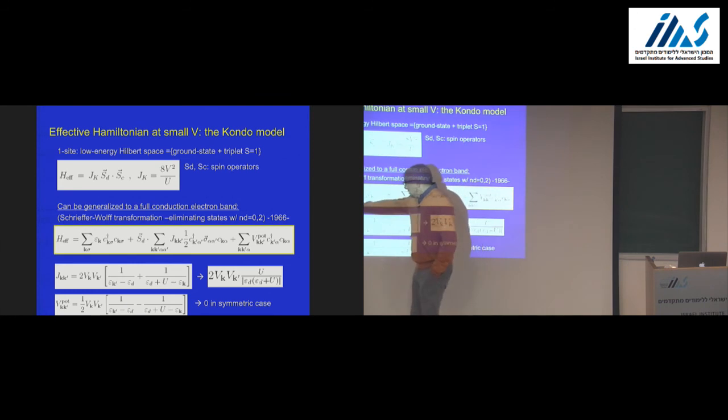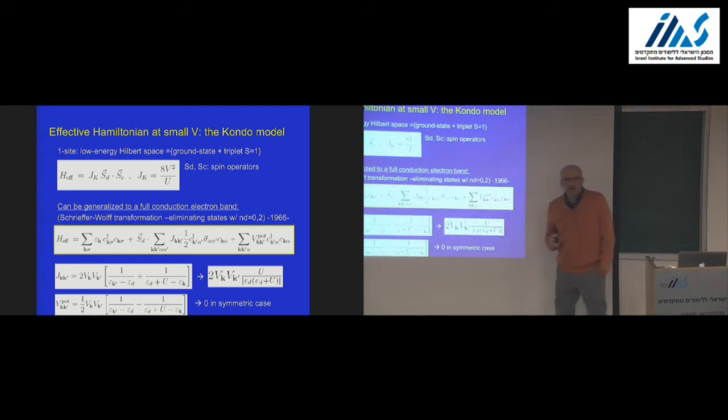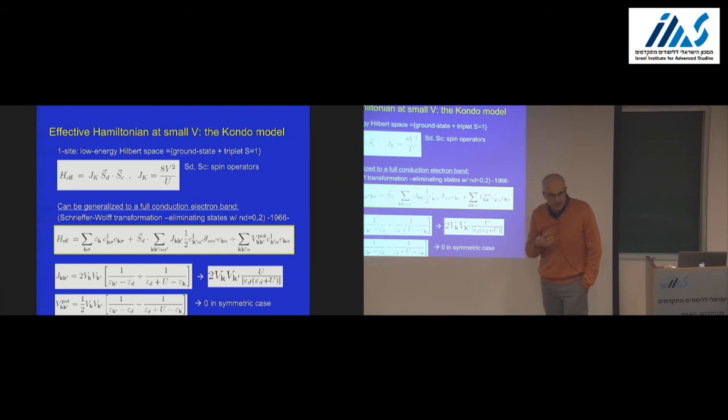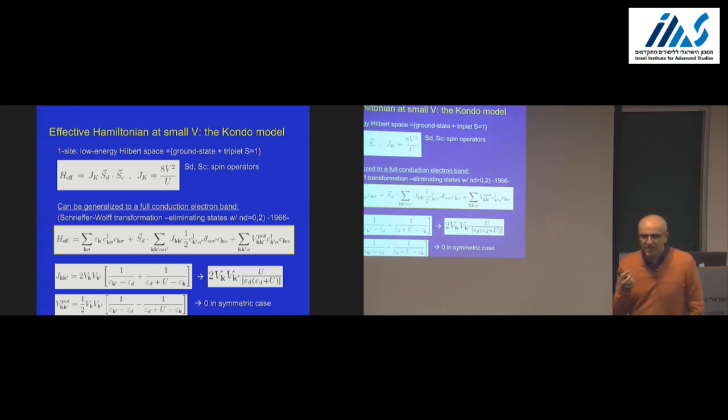So this Hamiltonian is called the Kondo Hamiltonian, and if you actually take the problem from this perspective, which is the way people took the problem in the very beginning in the 60s, you may want to do some perturbation theory in J. If you start doing that, because J is nothing else than V squared over U, not surprisingly, you run into difficulties in the perturbation theory because V is a singular perturbation.